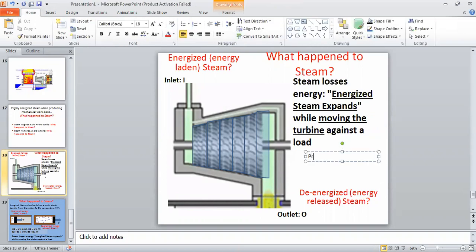Pressure drops. Temperature drops. Internal energy drops also.